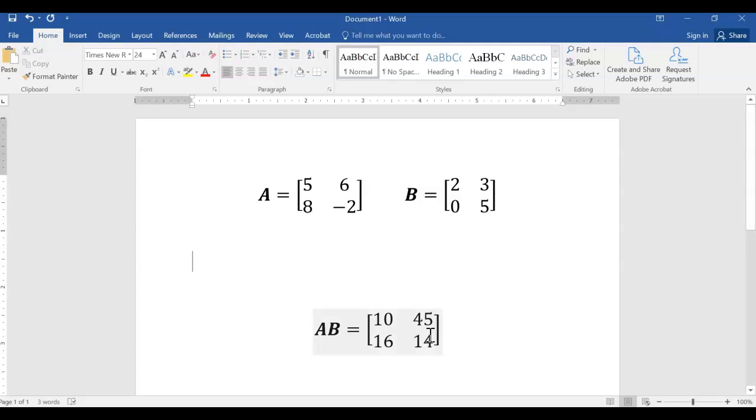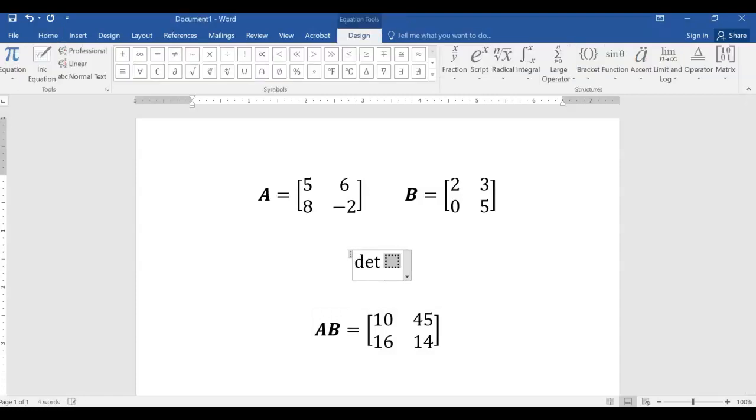So it's not real long to do, but not the easiest either. So there we go.